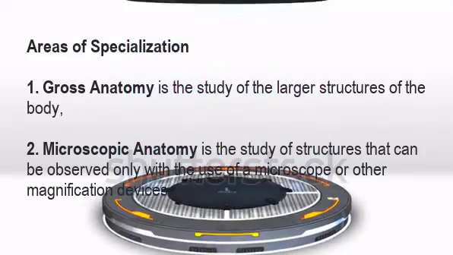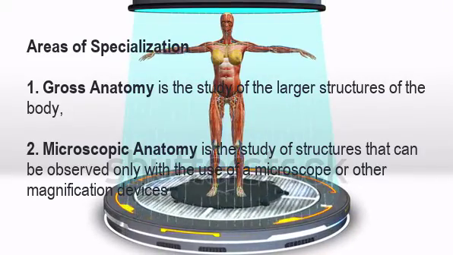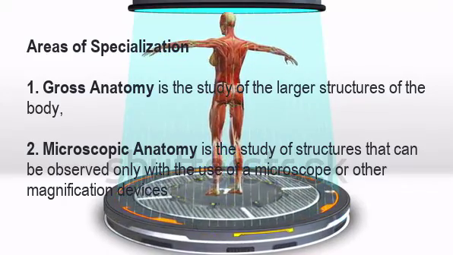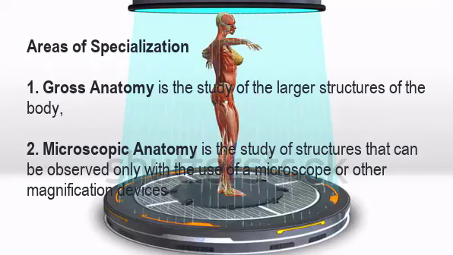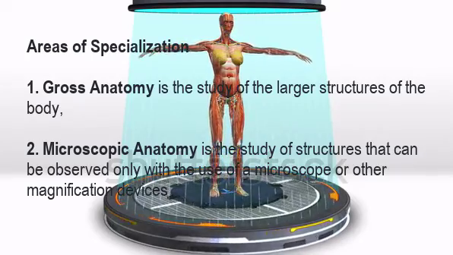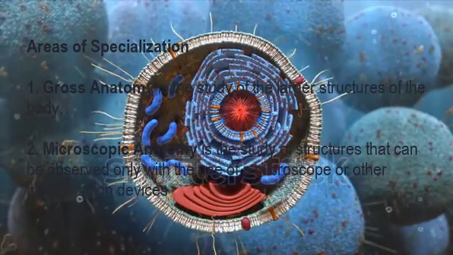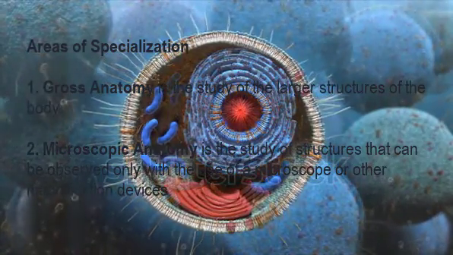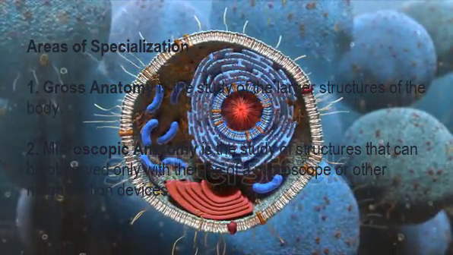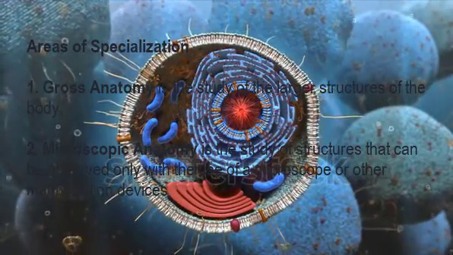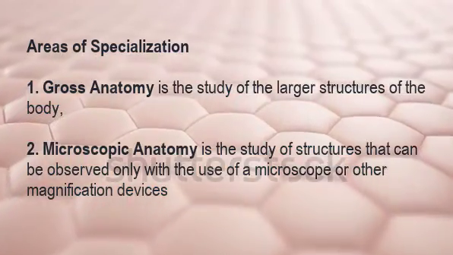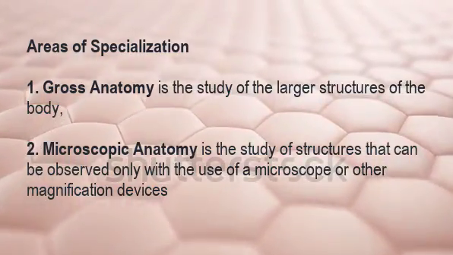In contrast, micro means small, and microscopic anatomy, which is the second area, is the study of structures that can be observed only with the use of a microscope or other magnification devices. So, microscopic anatomy includes cytology, the study of cells, and histology, the study of tissues.